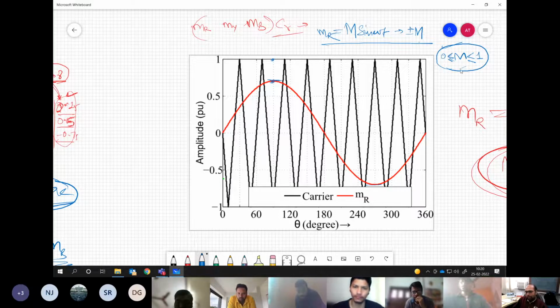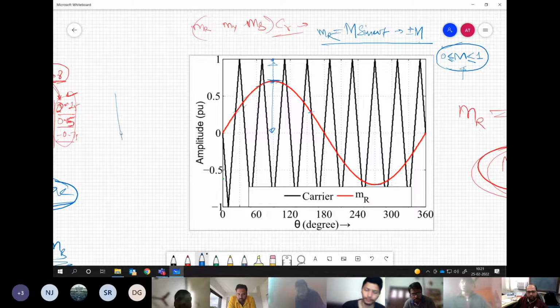What is happening is that when it is within this range, within the height of the carrier peak, basically you regularly have intersection of the carrier and modulating signal. You have regular intersections coming everywhere.